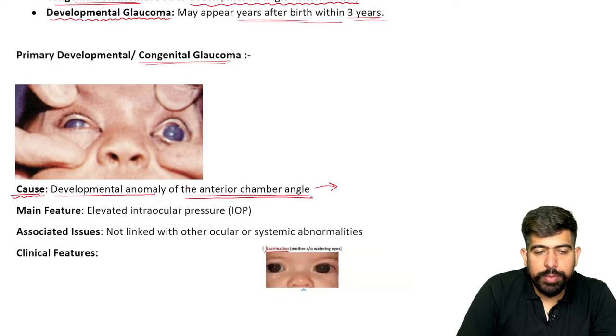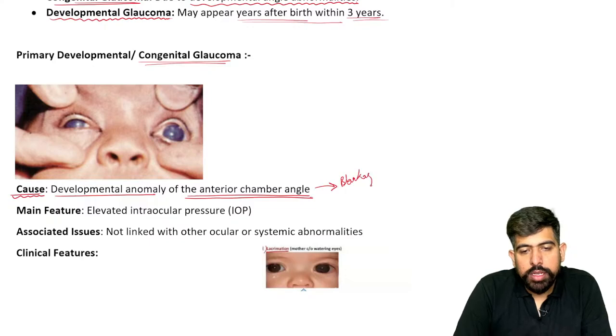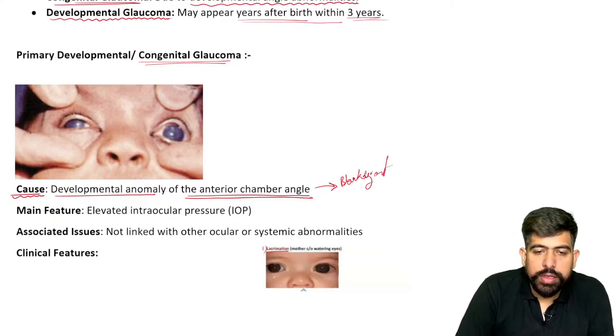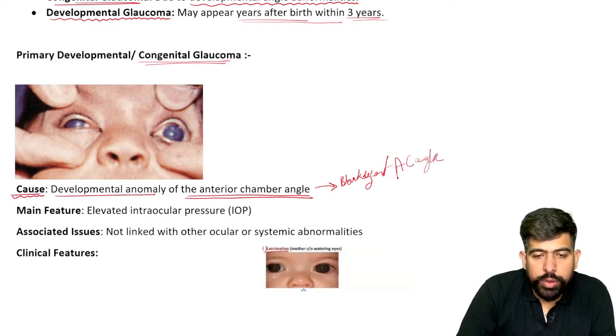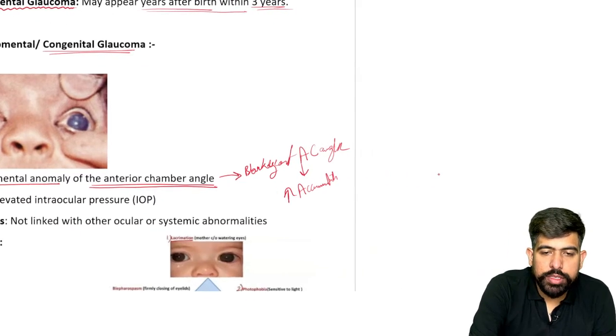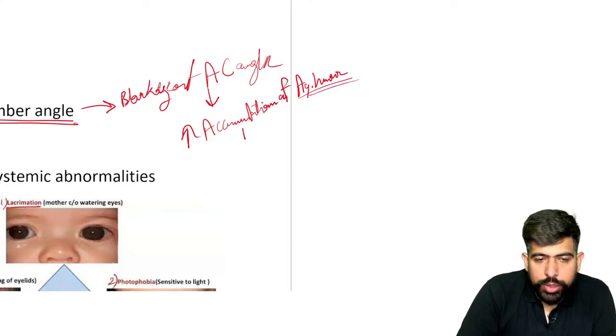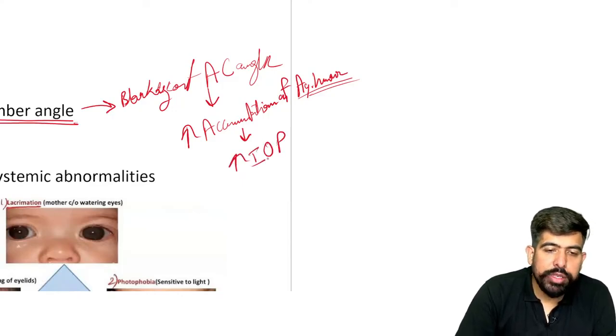So due to this developmental anomaly, there is blockage of the anterior chamber angle, and due to this blockage there is an accumulation of aqueous humor, leading to increased intraocular pressure.